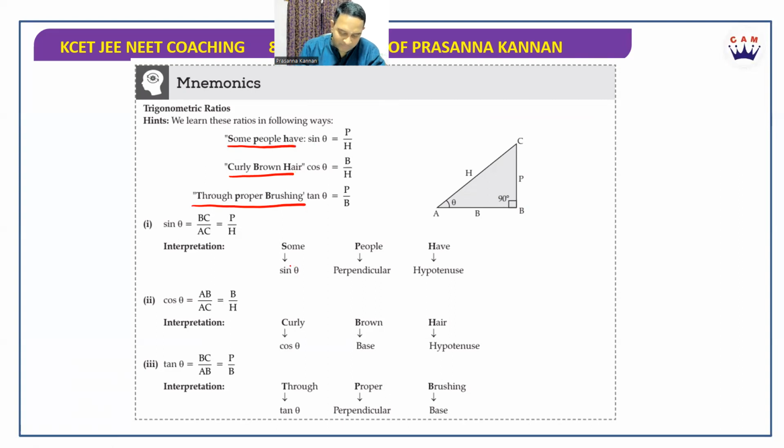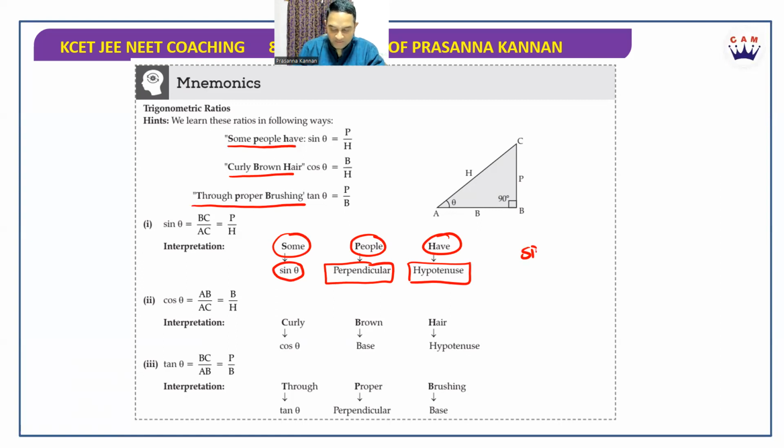Some people, sin theta. People, perpendicular. Have, hypotenuse. So sin theta is equal to P by H, perpendicular by hypotenuse. So it's a way to remember, that's all.